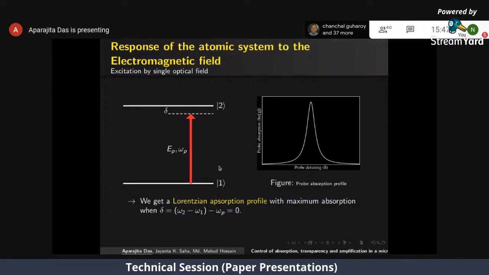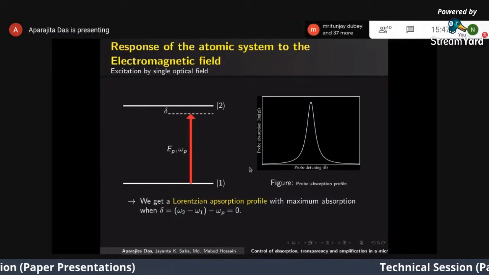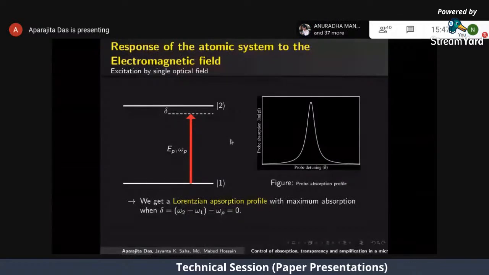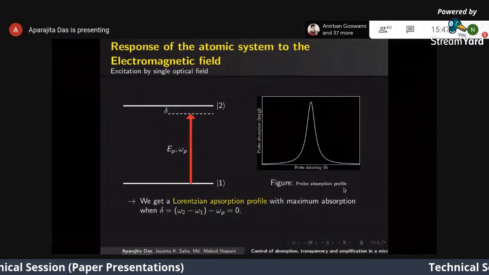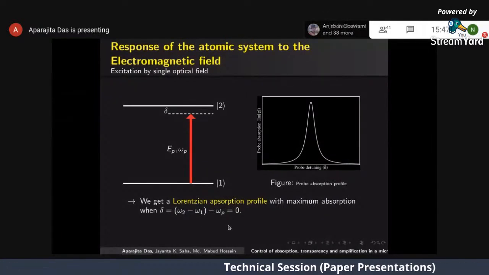If we plot the absorption coefficient of that probing field with respect to the probe detuning, we get a Lorentzian absorption profile with maximum absorption when the detuning is 0, that means at resonance.